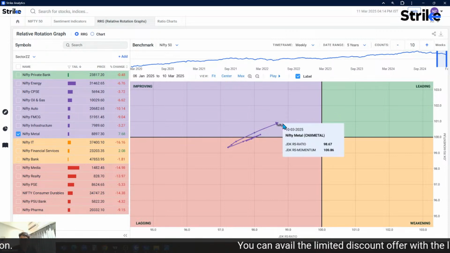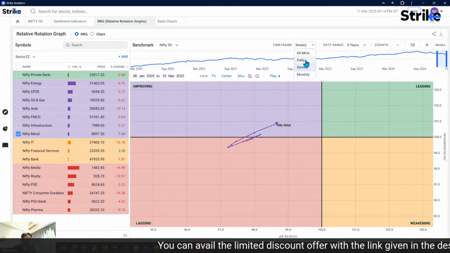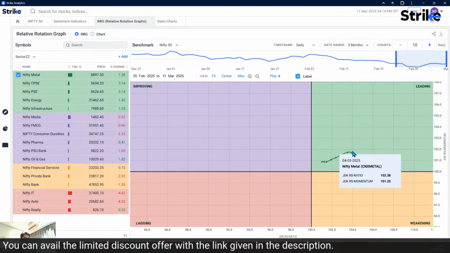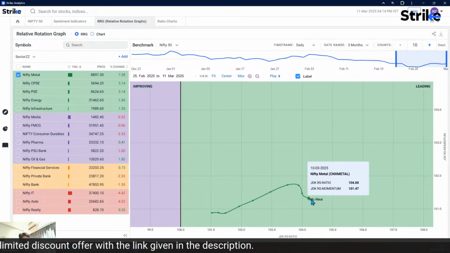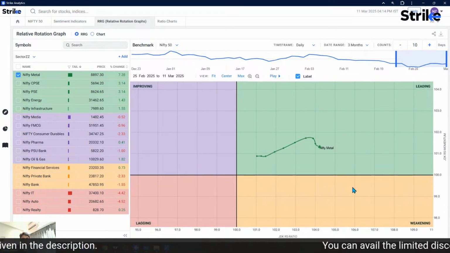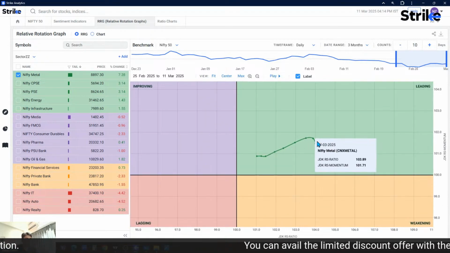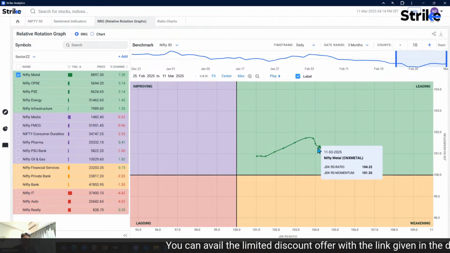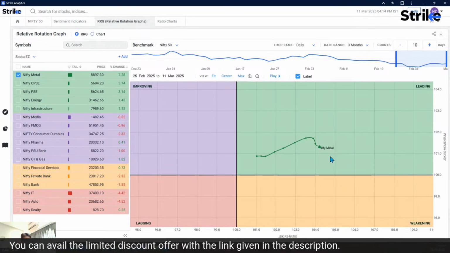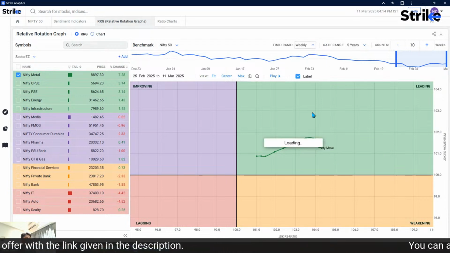Now you are saying is that on the daily chart, what is happening on the daily chart? On the daily chart, it is already in the leading quadrant, but you can see that it has started losing a little bit of momentum. Now if maybe tomorrow or day after it loses a little bit more momentum, this arrow will come down. And if on the daily chart this arrow comes down, then what will happen on the weekly time frame chart?